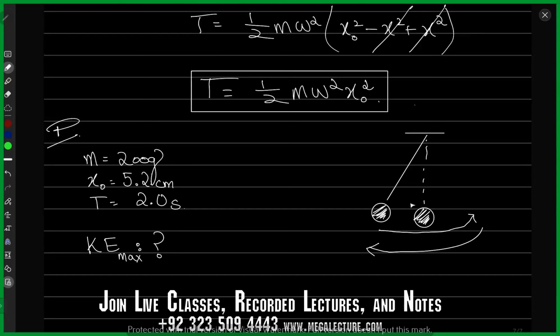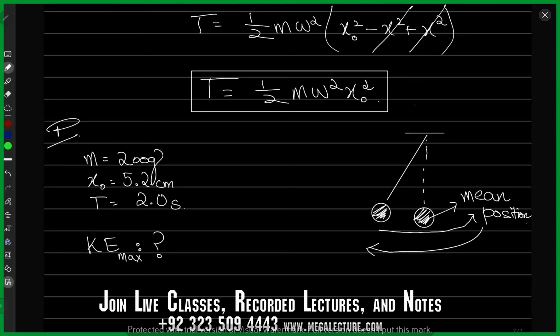The potential energy is always 0 at the mean position, so I'll write it over here: mean position. And if the potential energy is 0 at this position, then the kinetic energy is maximum. So when it's crossing the mean position, it will have the maximum speed it can possibly have. So I need to find the velocity at this position.